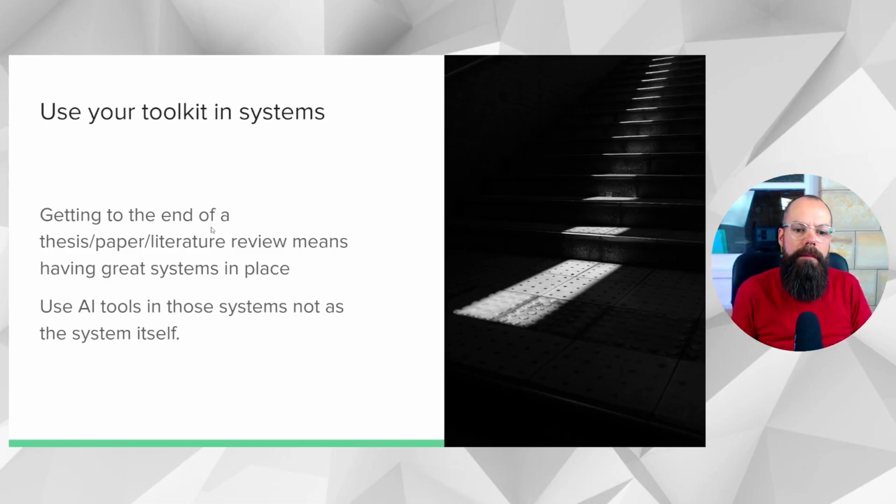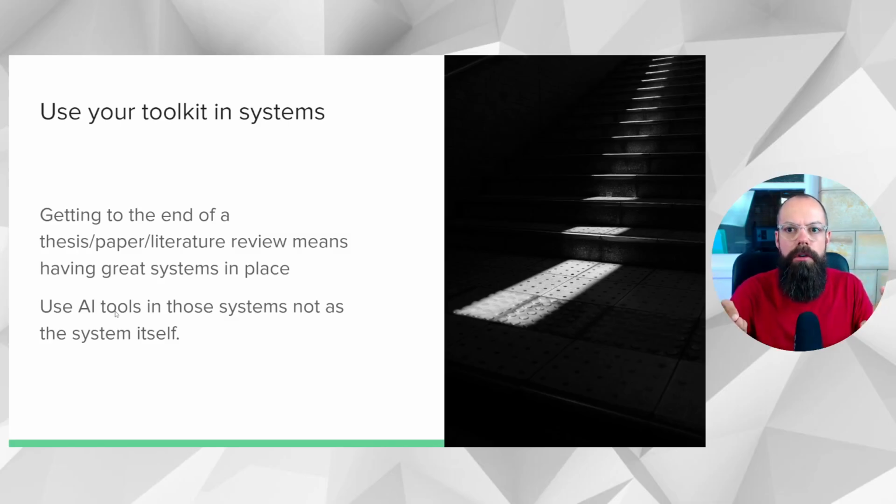And so you need to have a great system, and AI tools are not to be confused with putting in some data and getting something out the other end. It is a step in that system and a process. For example, when you're creating an introduction to a paper or a thesis, part of the system is using an AI tool like Jenni, Jenni.ai, to create a first draft.